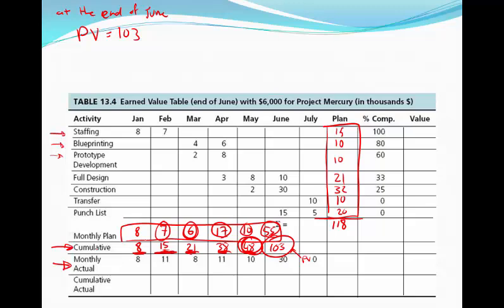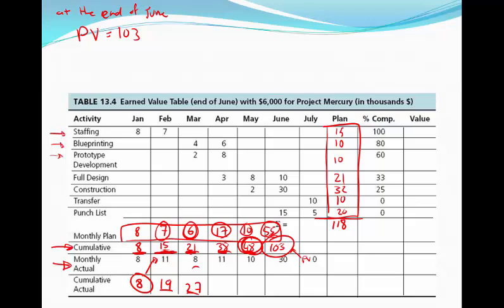So actual costs at the end of January are $8,000. Actual cost by the end of February, we're taking the 8,000 in January, adding the 11 spent in February, and that gives us an actual cumulative cost of 19,000 at the end of February. Carry on, 19 plus the 8 gives you 27 by the end of March.